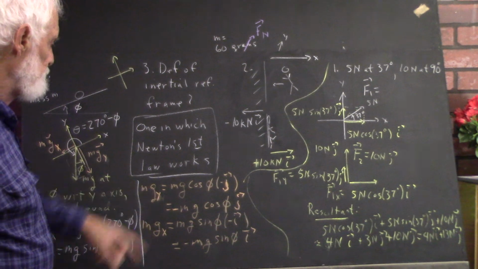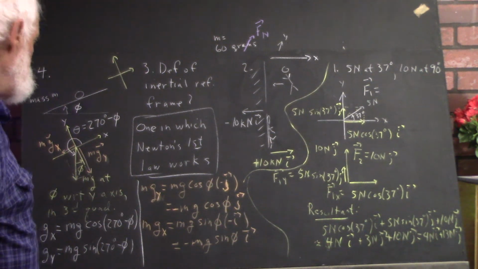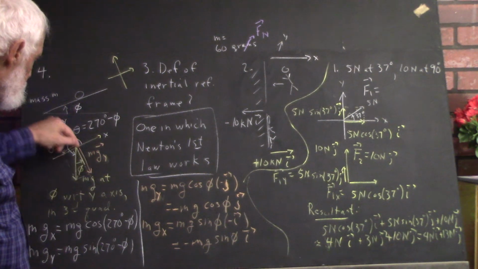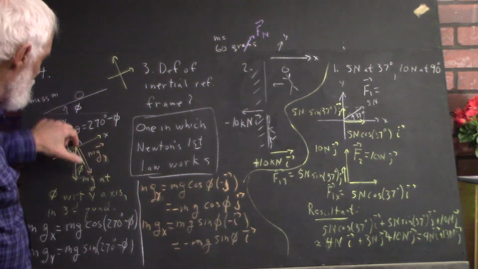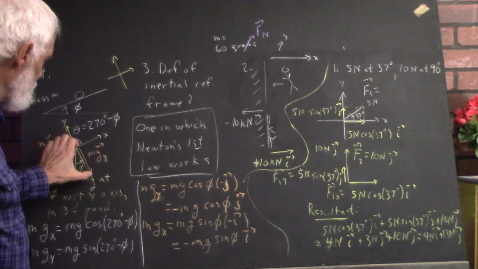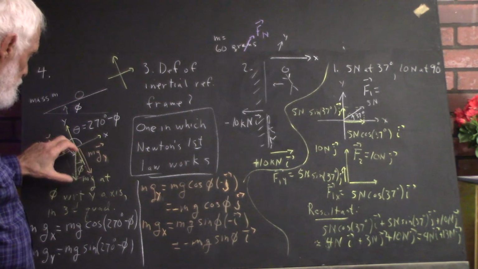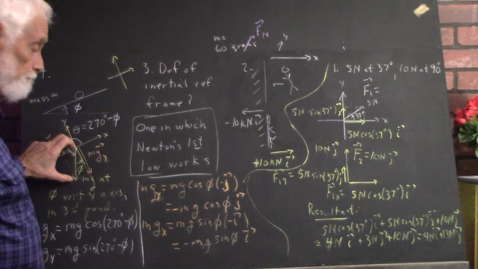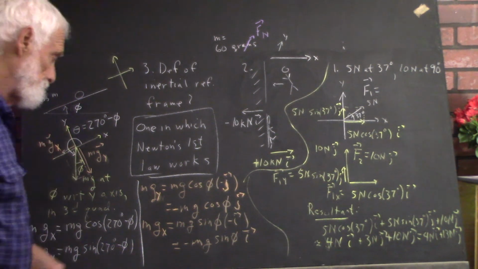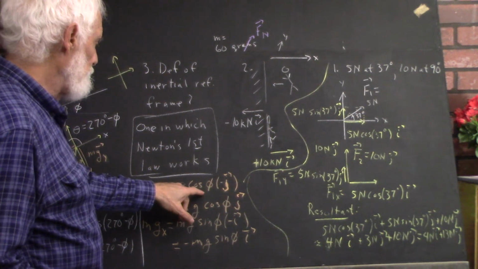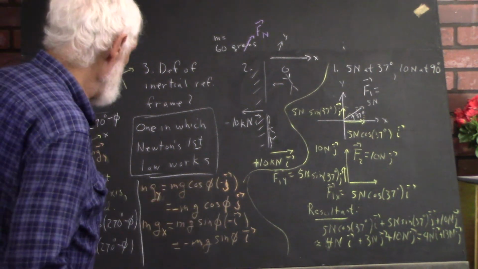Over here, we can say that, looking at this triangle, this component here is adjacent to the angle phi, where mg is your hypotenuse. So you get mg cosine phi times the negative j vector.